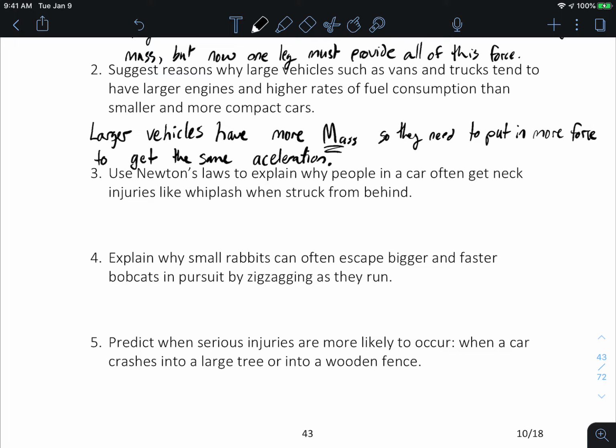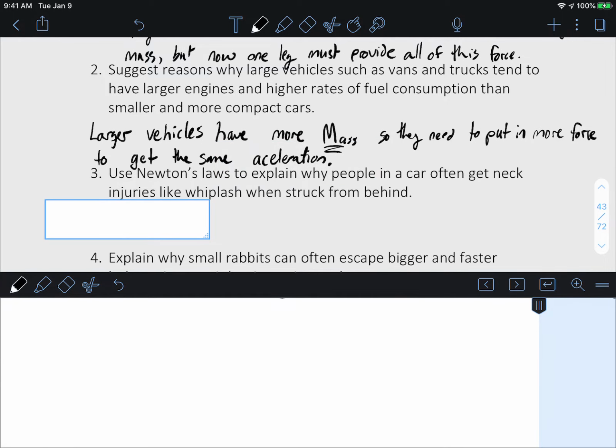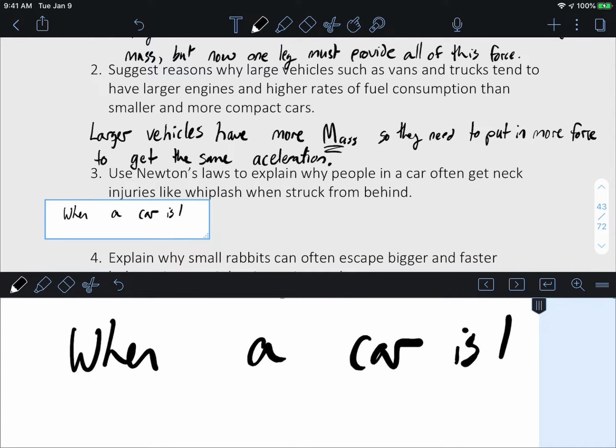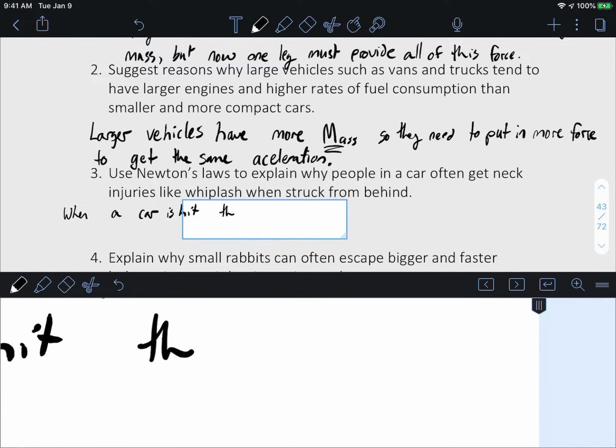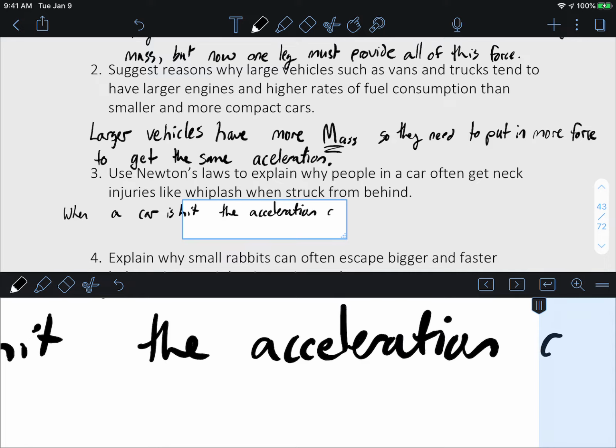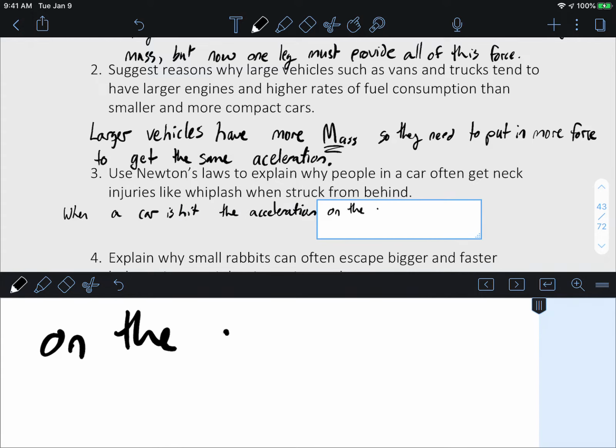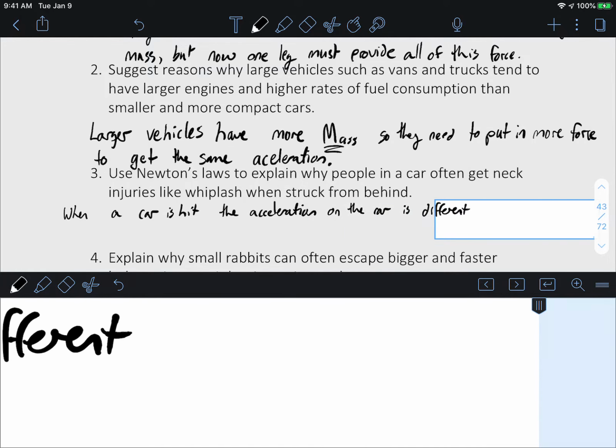put out. Use Newton's laws to explain why people in a car often get neck injuries like whiplash when struck from behind. So when struck from behind, the head continues to move. When a car is hit, the acceleration on the car is different than on the head.